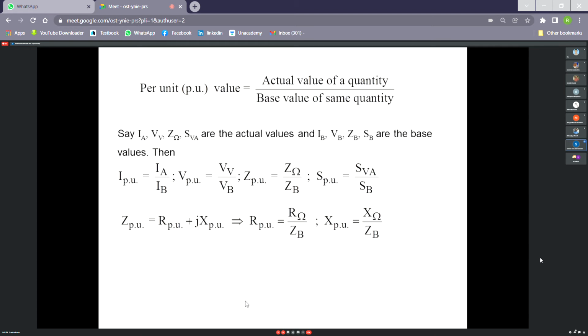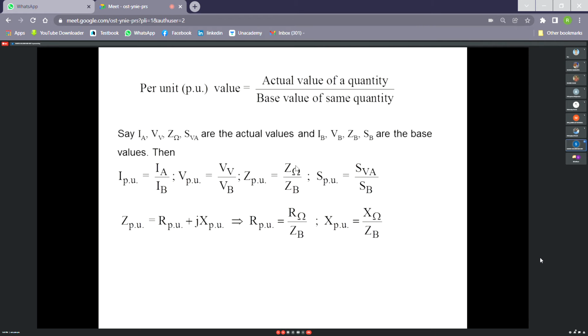Now you must remember we use a base value of impedance, and this base impedance is always a real number. Base impedance is not a complex number, right? Because it is a quantity, it is a value, right? But Z ohm is the actual value, so 5 plus j30, like that.